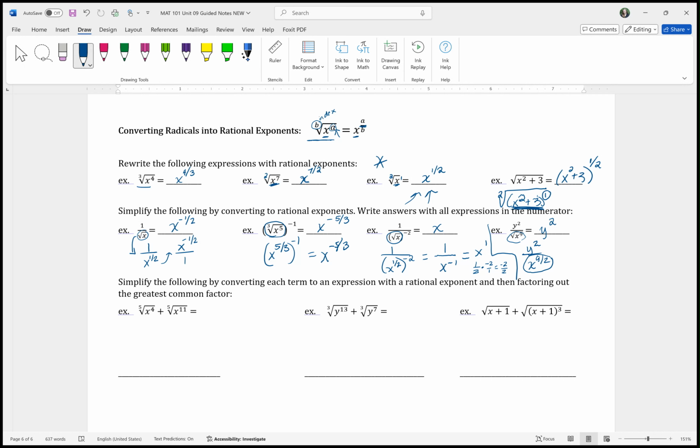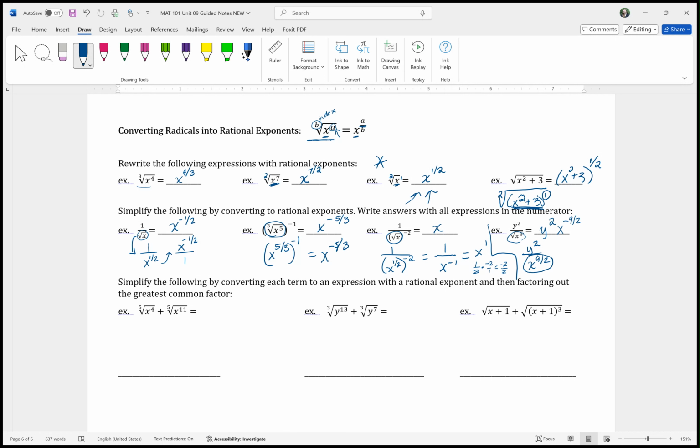I have to change the exponent sign. So this is going to be x to the 9/2, but negative. And that would be the final answer on that one. Okay, so definitely practice that. Basically, we want you to know how to convert radicals into an expression with a rational exponent and consider all the negative signs to that.